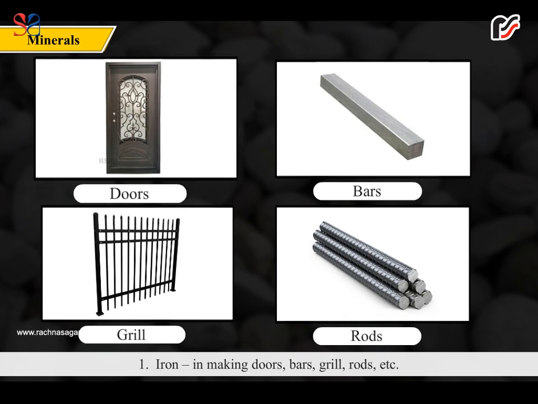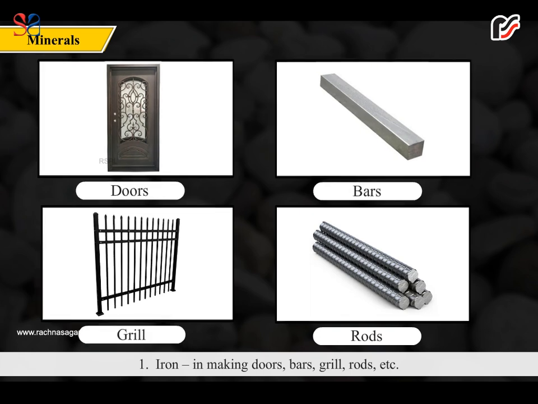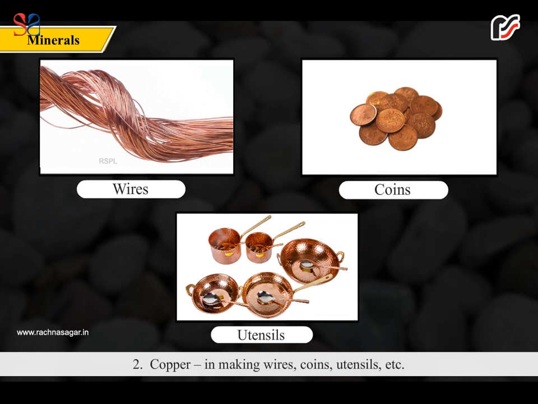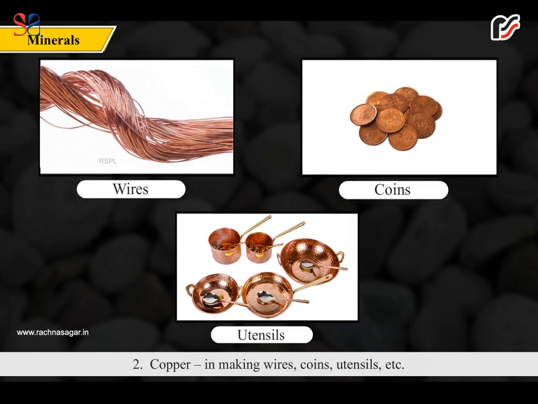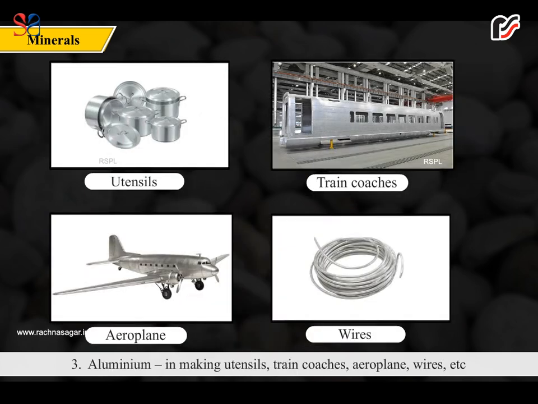Iron in making doors, bars, grills, rods, etc. Number 2. Copper in making wires, coins, utensils, etc. Number 3. Aluminium in making utensils, train coaches, aeroplane, wires, etc.